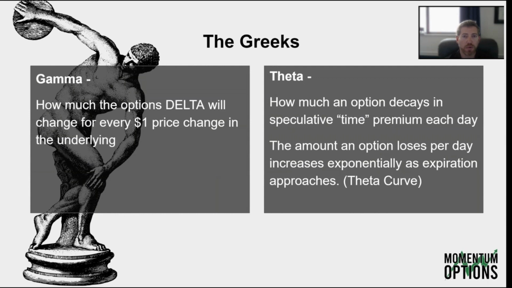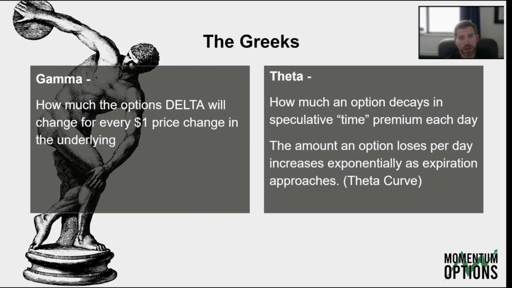As you go through time and there's less time for your trade to work, your trade has less and less potential to move further, right? So as that happens, speculative premium is being removed from the price of your option.